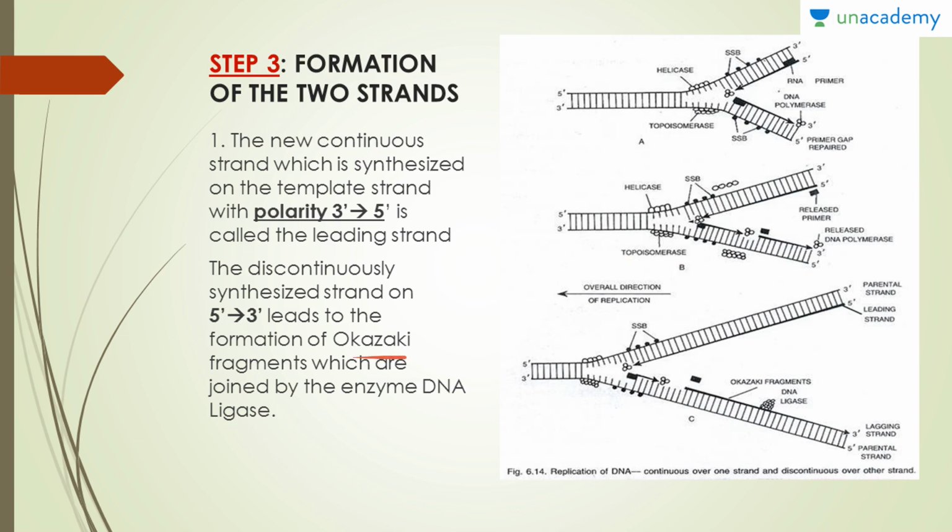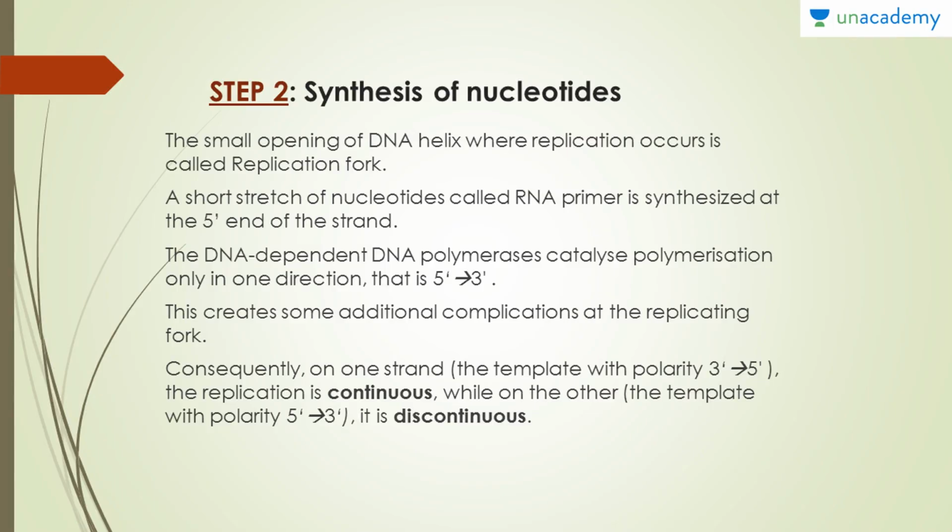Step 3 is formation of two strands. The complexity we were talking about, that DNA-dependent DNA polymerase catalyzes polymerization only in one direction, 5' to 3', creates a complication. This complication is nothing but discontinuous synthesis of the strand on the template with polarity 5' to 3'.